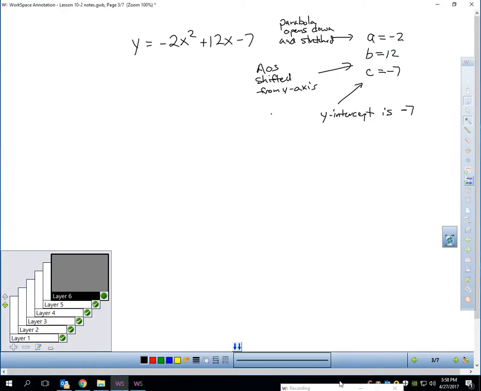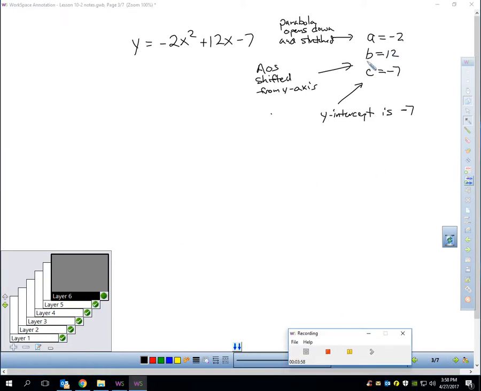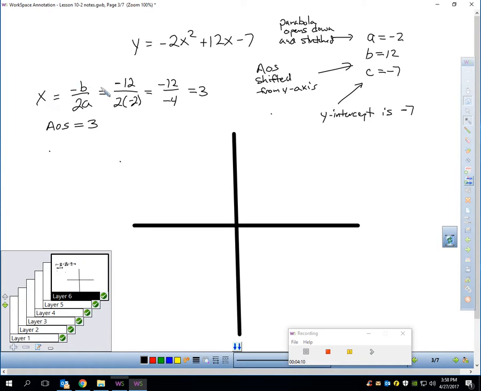Now, B is 12. Now, remember, if B was 0, the axis of symmetry would be on the y-axis, but B is 12. That means the axis of symmetry is shifted. I got to figure out where. I have to use the formula. Let me highlight it. I have to use the formula x equals negative b over 2a to find out where my axis of symmetry is at.